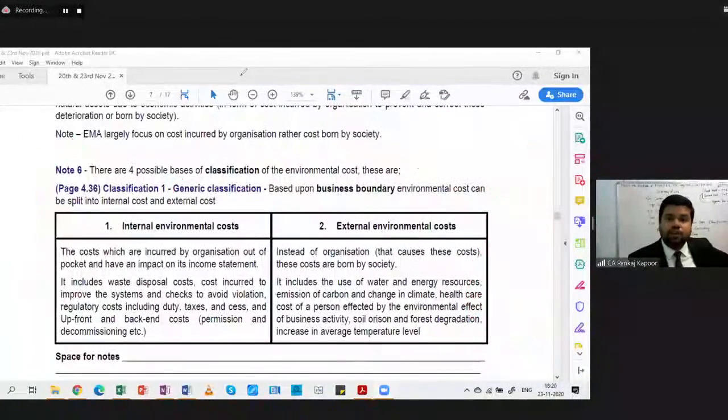Then we'll move further. I believe that you'll keep on sending the queries. If anything is not clear, please send me the query so that we can discuss that. And we'll move further in the meantime to understand how the internal and external costs are different from each other.